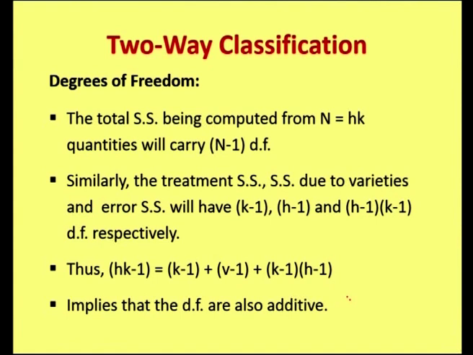And this implies that the degrees of freedom are also additive in nature, that is left hand side we have hk minus 1, that is equal to degrees of freedom due to treatments plus degrees of freedom due to varieties plus degrees of freedom due to error.